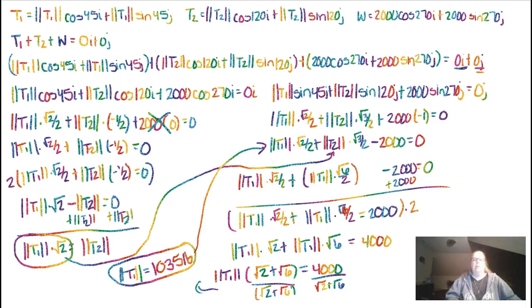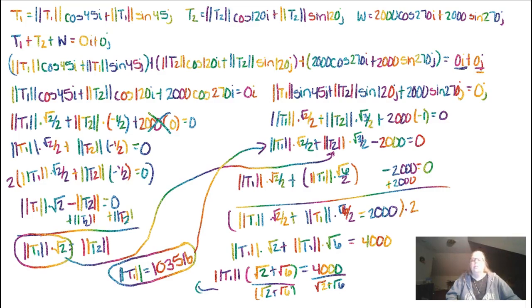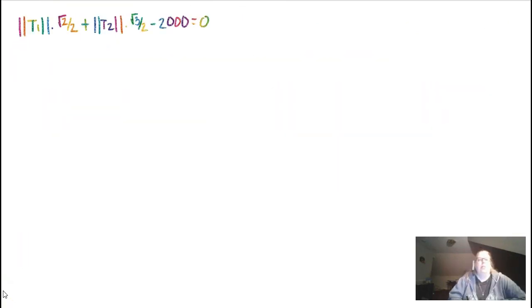Okay, I need to make a little bit of room here. No, I don't. I'll just get a new slide. All right, so here's my equation. And remember, I am going to substitute 1,035 here because this is the number that I just found. That gives me the equation 1,035 times the square root of 2 over 2 plus the magnitude of T2 times square root of 3 over 2 minus 2,000 is equal to 0.